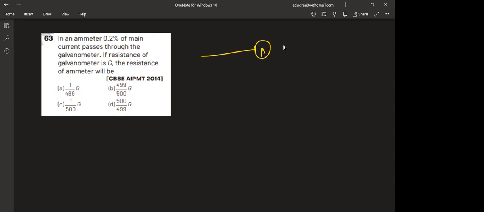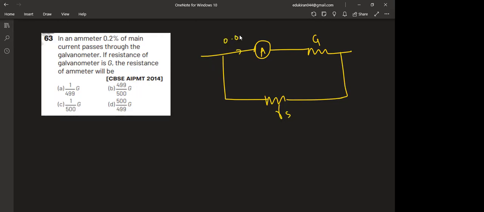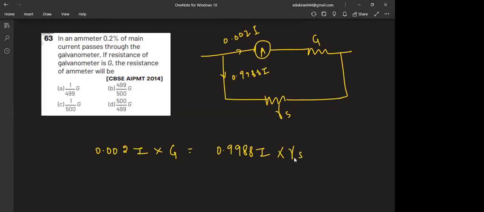This is the ammeter, and G is the resistance we have connected. 0.2% means 0.002 of the current is going here, and the rest, 1 minus 0.002, that is 0.9988, is going through the shunt. Now the voltage across 0.002 of current multiplied by G is equal to 0.9988 of the current multiplied by the shunt resistance.